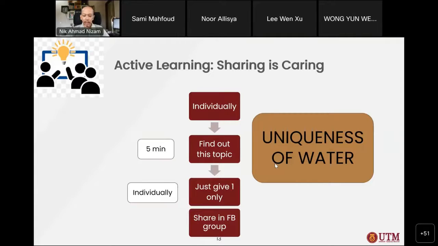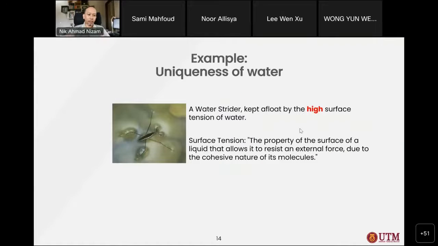I give you an example. You come up with a PowerPoint, or you can draw using your tab, and change the PowerPoint to a JPEG picture, and then upload it in the Facebook group and comment.